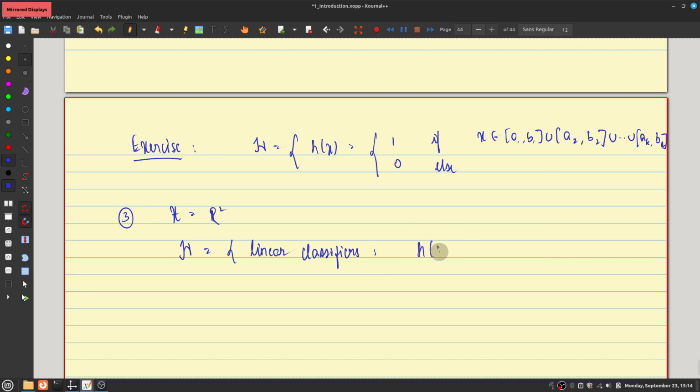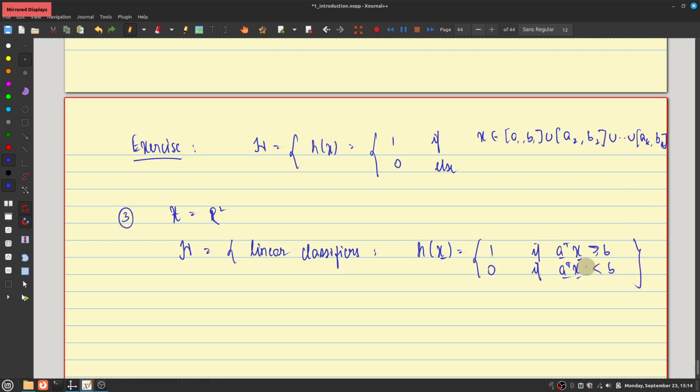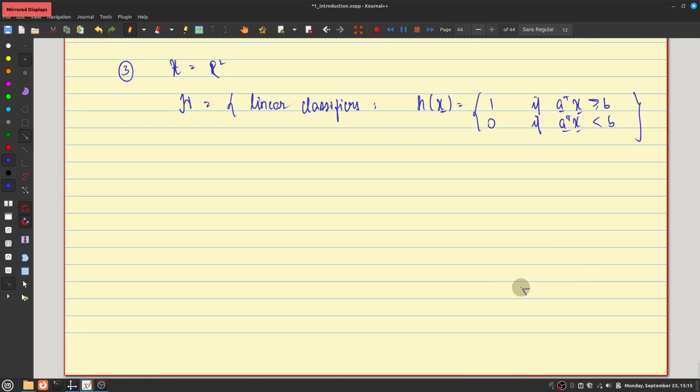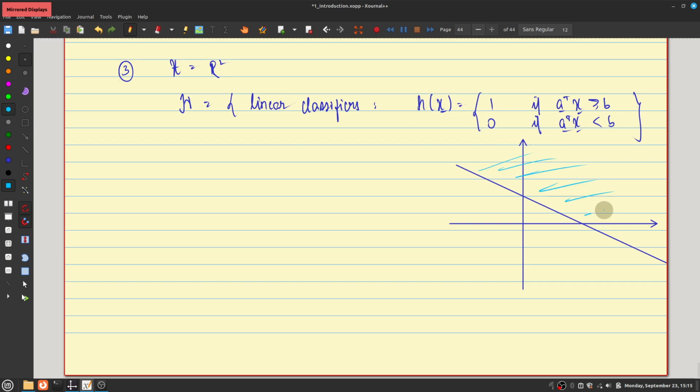So it's the set of all h of x, which are given by 1 if A transpose x is greater than or equal to B, and 0 if A transpose x is less than B. The geometrical viewpoint is that you basically draw a line, and everything on one side of the line is labeled 1, and everything on the other side is labeled 0.